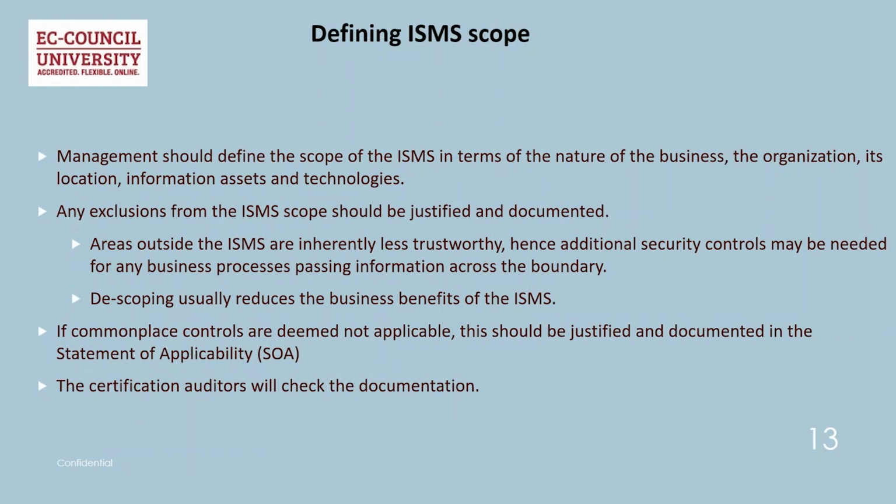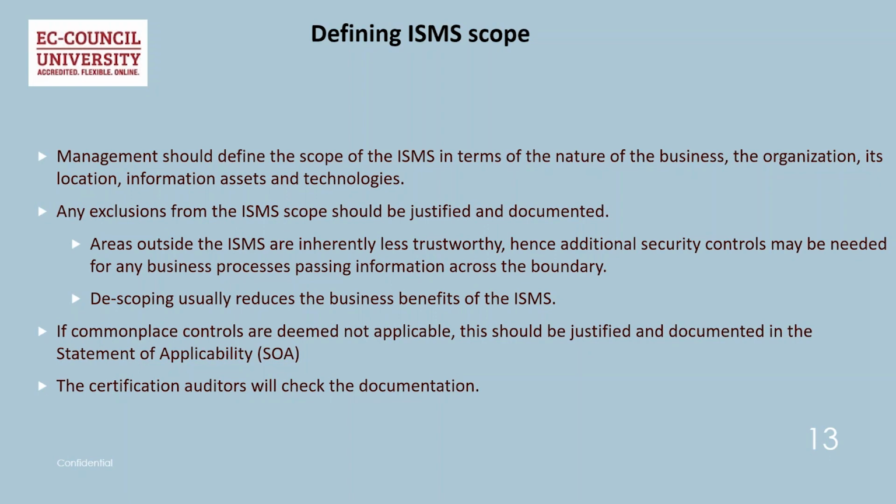But before implementing ISMS, we have to define the scope. In this, we have to talk about the nature of the business, the organization, location, what are the information assets and technologies. If there are any exceptions, you have to note it down.